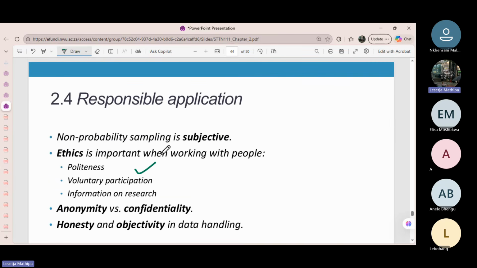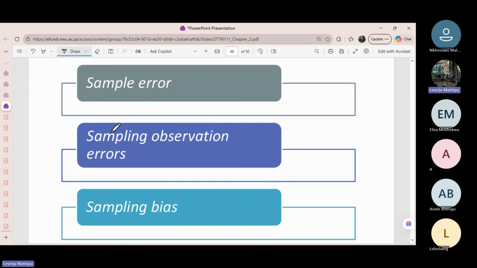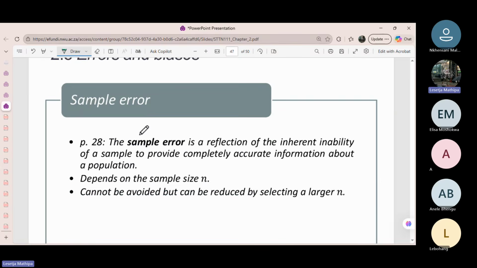And also look at this one. Now the errors: the sampling error, sampling observation error, and sampling bias. The sampling error is a reflection of the inherent inability of a sample to provide completely accurate information about the population.